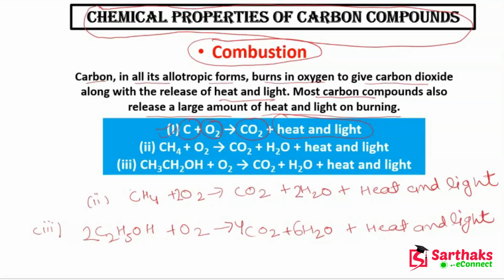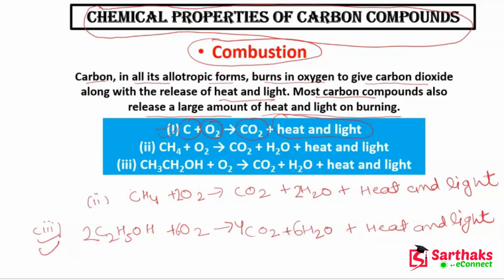Now to balance the number of oxygen, I will multiply by 6 here. You can see 4 carbon on the left side and 4 on the right side, and 14 oxygen on the left side and 14 oxygens on the right side. So this equation becomes balanced.